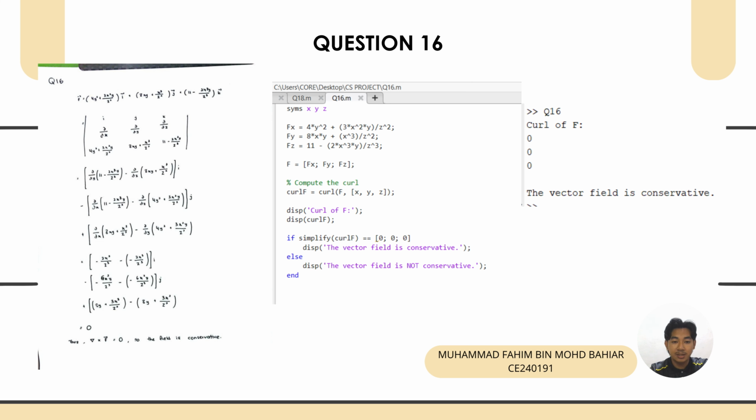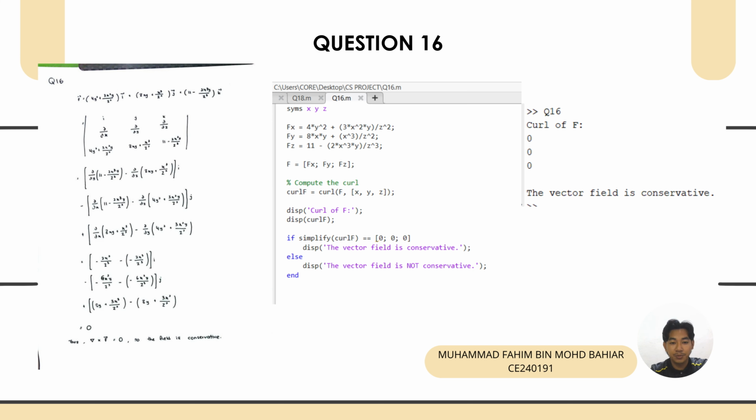In the calculation, I use the curl to check whether it is conservative. A vector field is conservative if the curl of F equals 0. That means the curl of the vector field is 0 in the region. This is the image that I use for the manual calculation.